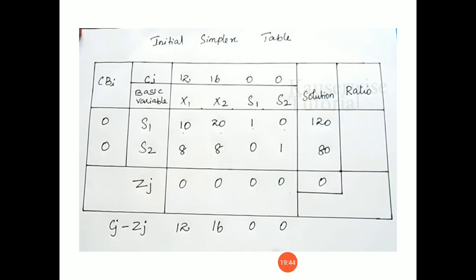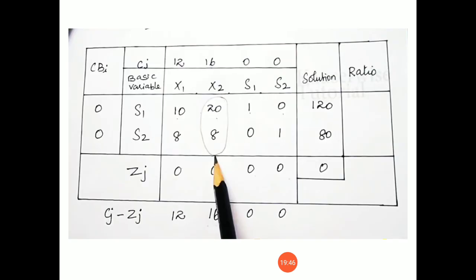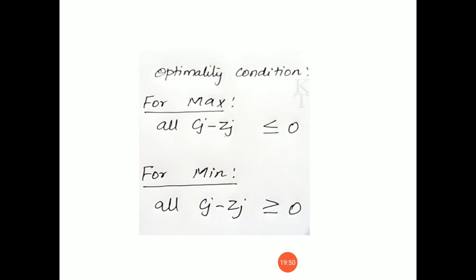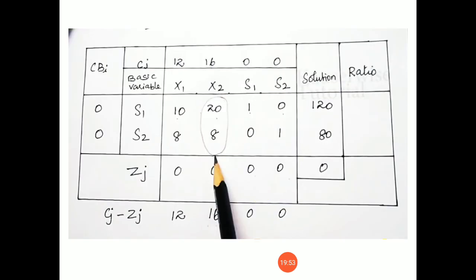So the next step is, in the Cj minus Zj row, I need to see which is the largest number, the maximum positive value. As you can see, the elements are 12, 16, 0, 0. Among these four elements, 16 is the largest positive number. So I will be marking the column corresponding to 16.